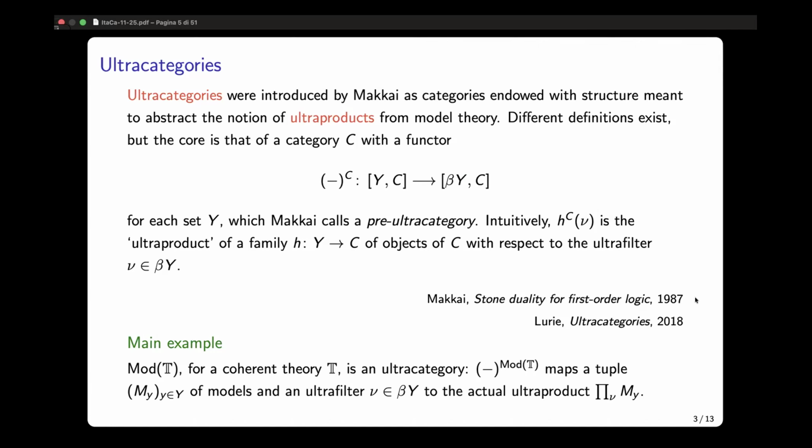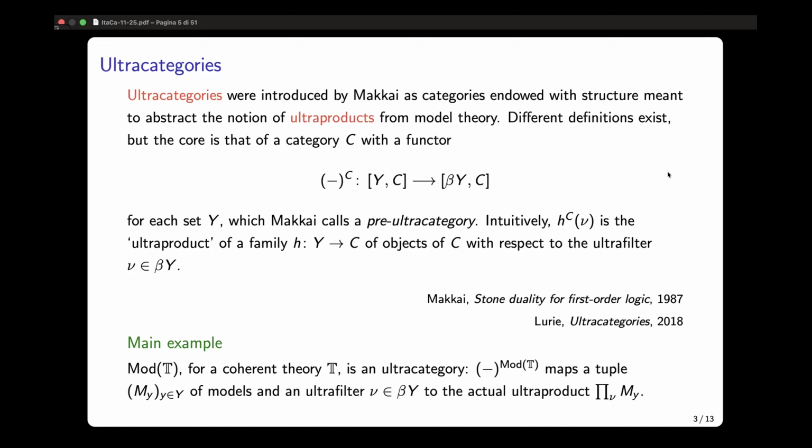But in all definitions, there's this idea of a category with some extension functors, which in a sense compute ultraproducts in the category. And the shape is the same one that we've just seen for compact algebras, for beta algebras. So we lift functors from a set Y to C, where Y is seen as a discrete category, to beta Y, also seen as a discrete category, over C.